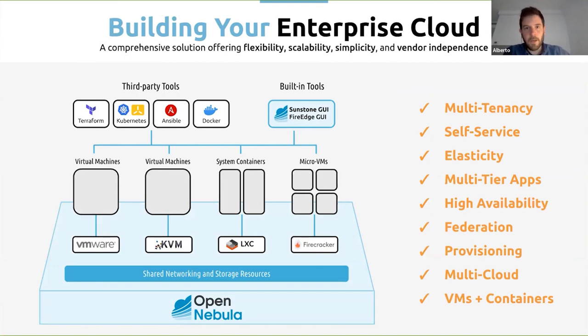Also, some of you are using LXC system containers. And one of the things we did a couple of years ago was launching this integration with Firecracker for managing micro VMs, which is pretty cool because you can run containers as micro VMs within OpenNebula as any other workload. And then of course, there are a number of integrations with other technologies like Terraform or Ansible.